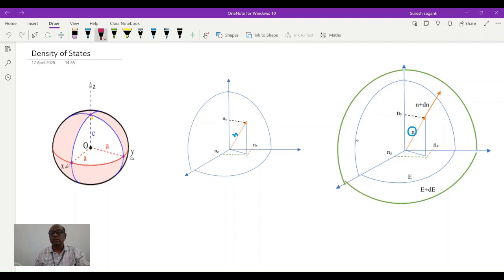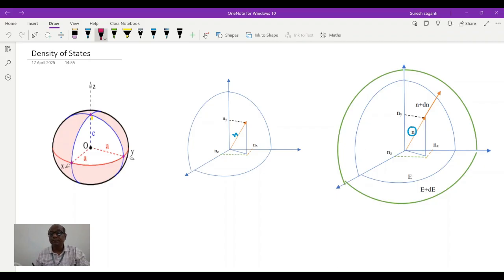And let us further discuss that here we have taken two quantum spaces with n radius, first one with blue color, and n plus dn is the second one with the radius of n plus dn. So the energy of the first sphere is E and the second sphere is E plus dE, right? So between this E and E plus dE, we have so many allowed energy states, right?